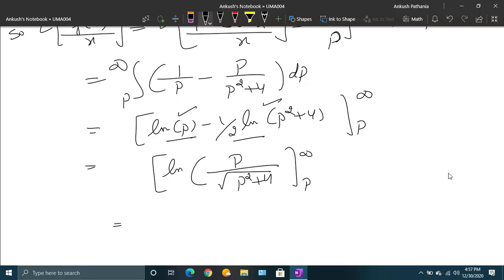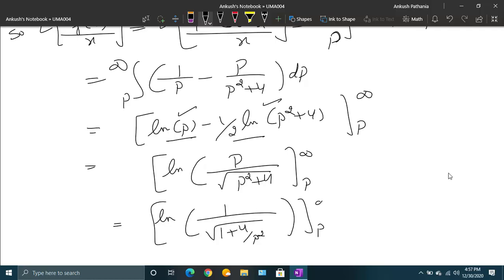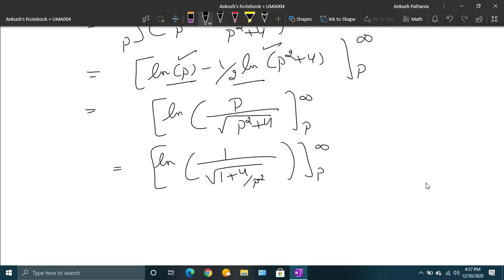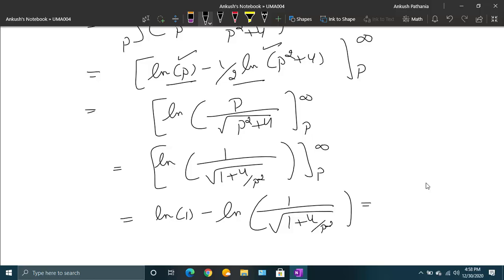Now solving this, you can solve this further to get ln of 1 upon under root 1 plus 4 upon p square, from p to infinity. Now you can easily solve this one. When you put infinity, it is ln 1, that is 0, and then minus ln of p upon under root p square plus 4.